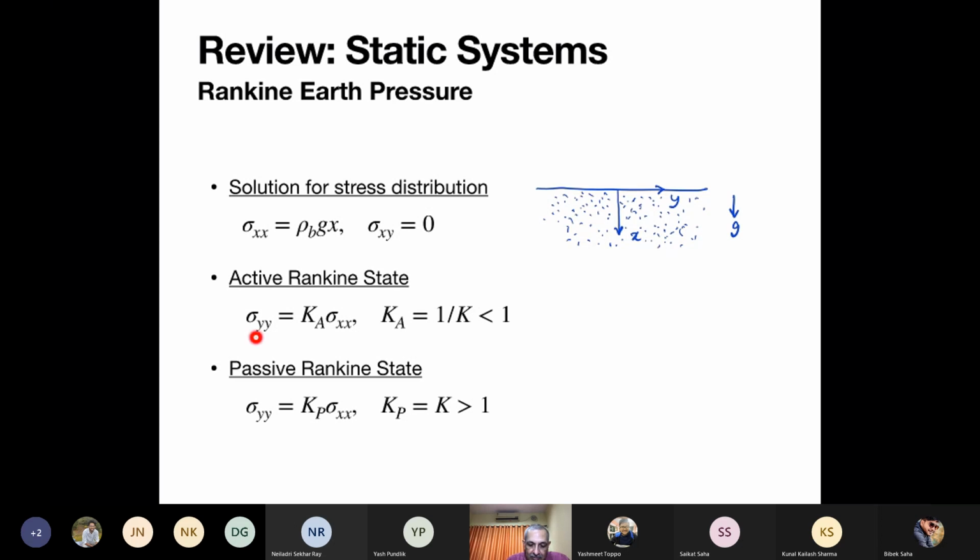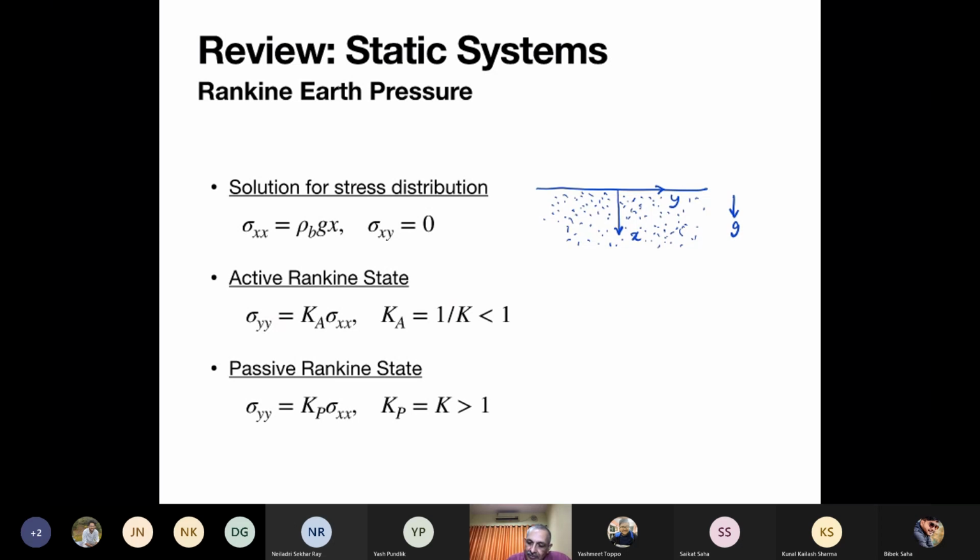And then for the normal stress in the y direction, there are two possibilities. One is if you have an active state, that means this stress is more than the other stress. So the system is active and the surroundings are passive. That is why sigma yy is less than sigma xx, and so Ka is less than 1. So this is actually sigma max and this is sigma min.